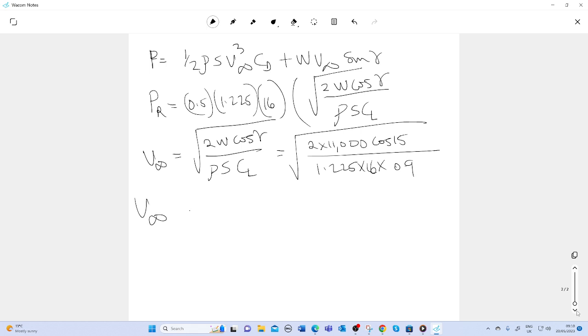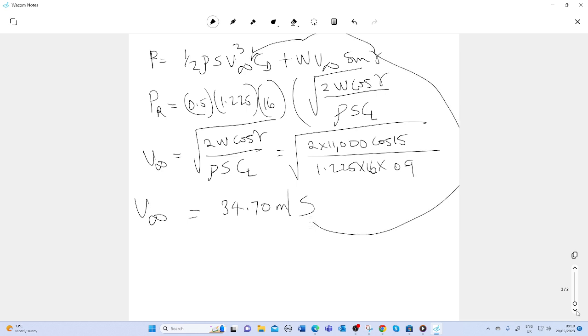So our V becomes 34.70 meters per second.